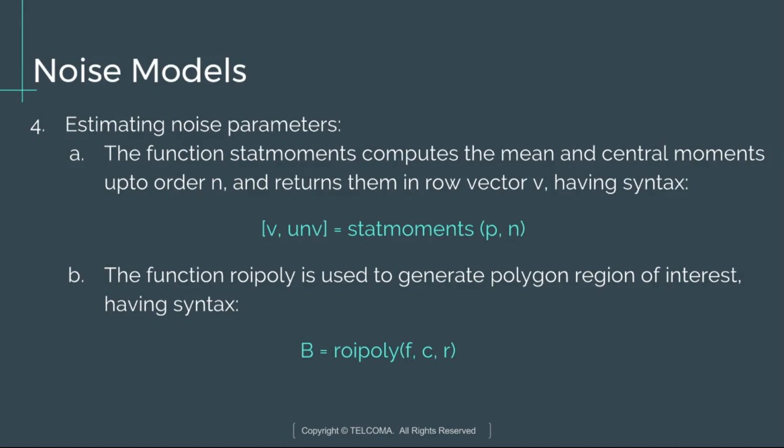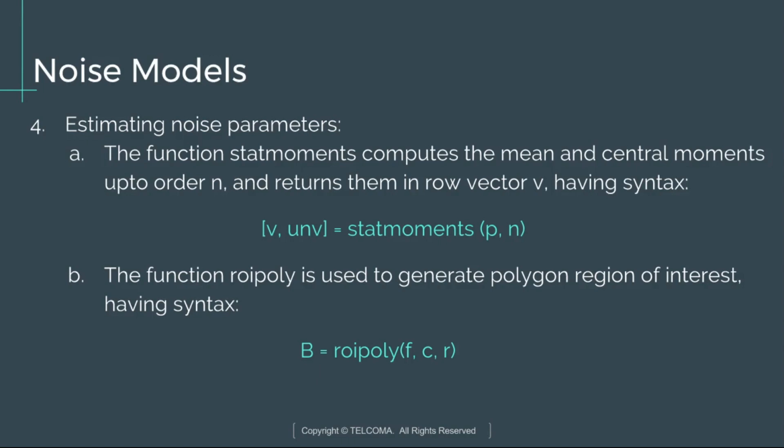Often, noise parameters must be estimated directly from a given noisy image or set of images. In this case, the approach is to select a region in an image that is as featureless as possible, so that the variability of intensity values in the region will be due primarily to noise.